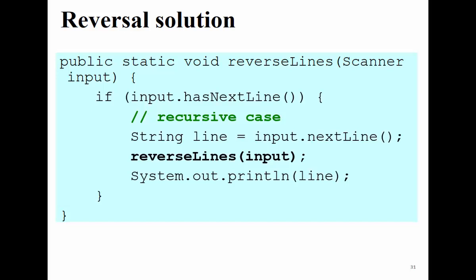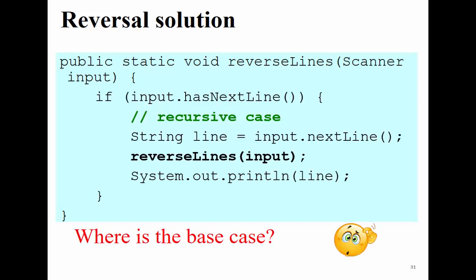When you return back, you're going to print the line that you stored in the previous step. Where is the base case? The base case is if we don't have any next lines. If we don't have any next lines, we're going to finish.